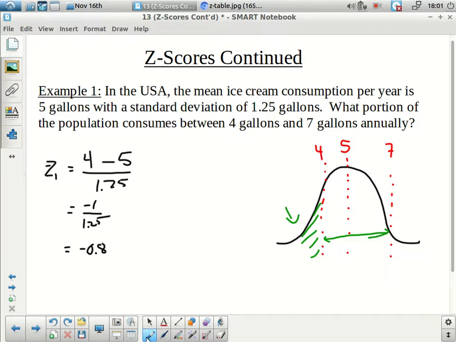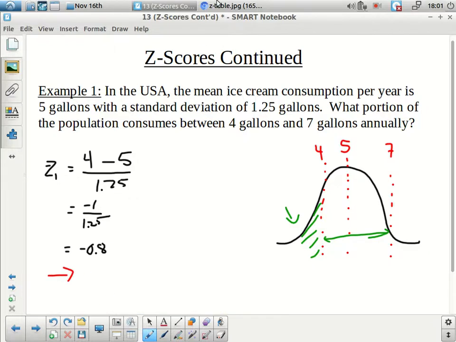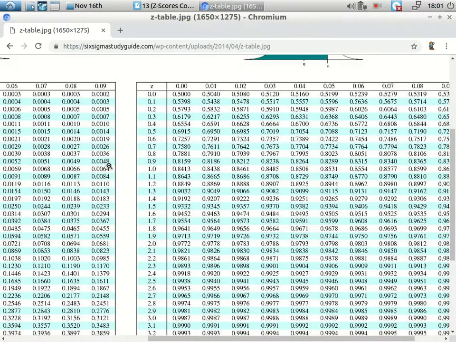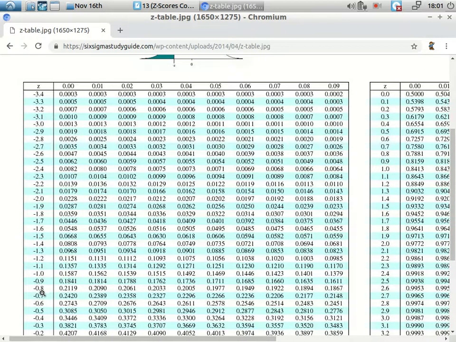And if I go to my Z-score table to look up the corresponding percentile, we're in the negatives now. So -0.8 is 0.2119.